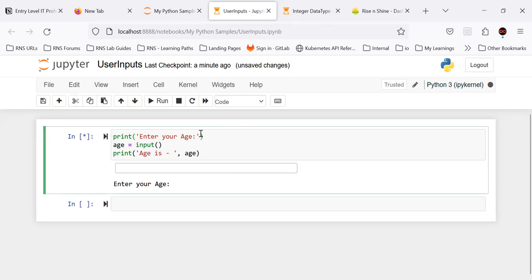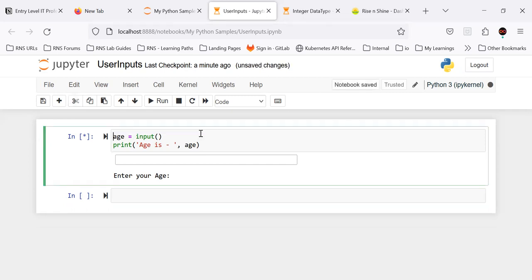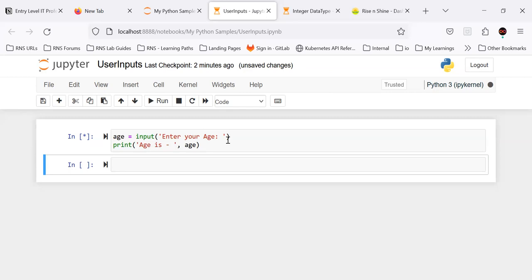So instead of using the print statement here, input itself has a place where you can pass the message to the user. Enter your age. Whatever I'm using the print for, yes, you can use print also, no issues. But the input function itself has the ability to prompt the message to the user. Let me stop it and let me run it also.